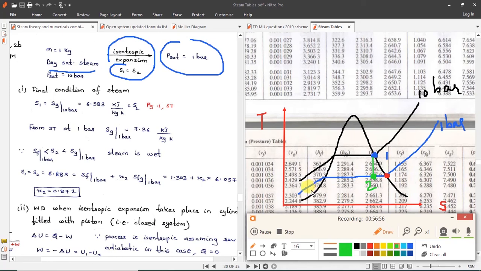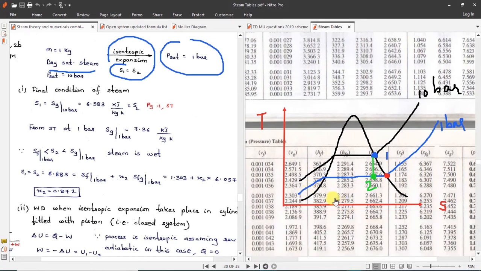We have the point number 2 entropy, 6.583, and we can compare this entropy with Sg at 1 bar, which is 7.36. Since S2 is in between Sf at 1 bar and Sg at 1 bar, which is 7.36, and our value is 6.58, we can conclude that the steam is wet steam.